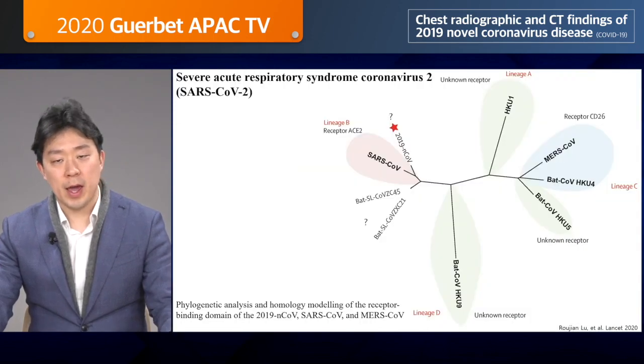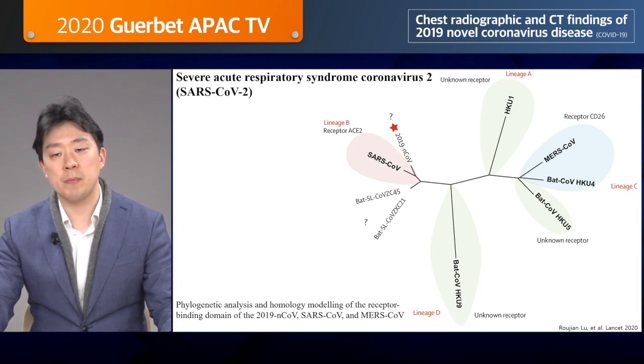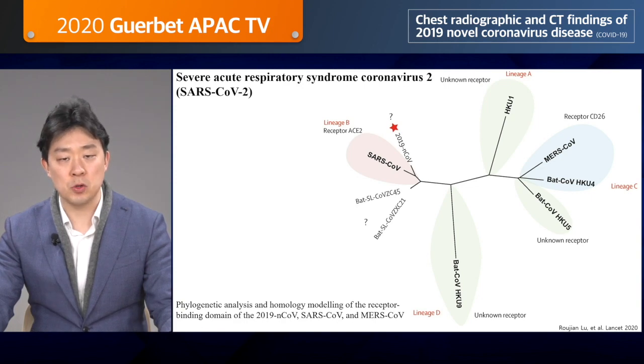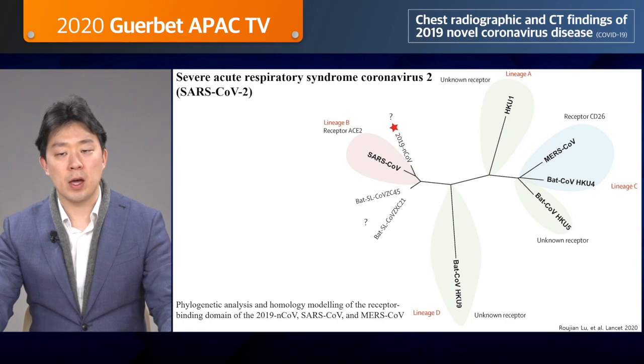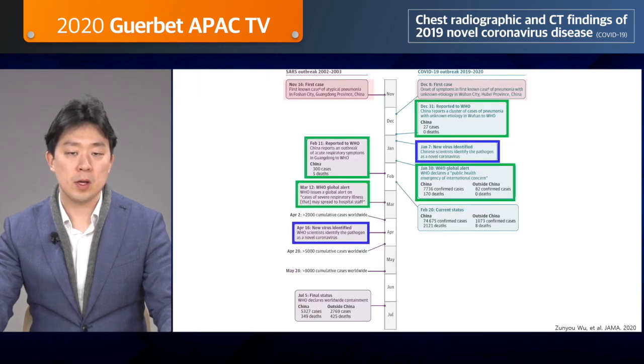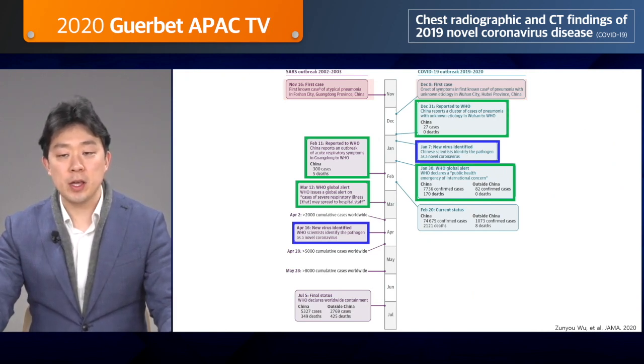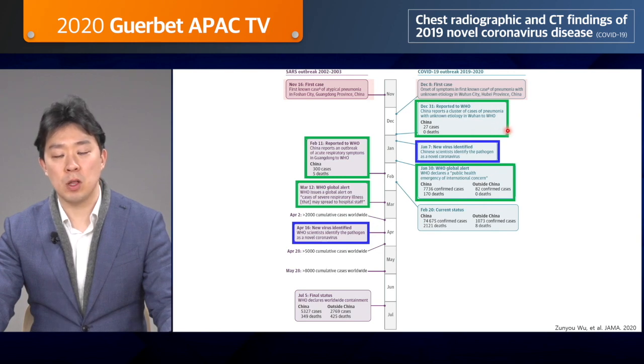This virus has been named SARS coronavirus 2. Upon sequencing, the shape of the receptor was found to be similar to that of the SARS coronavirus, so it was named SARS coronavirus 2. To respond to this outbreak that spread very quickly, reports were made to the WHO on December 31, one day before the Huanan seafood market was closed.